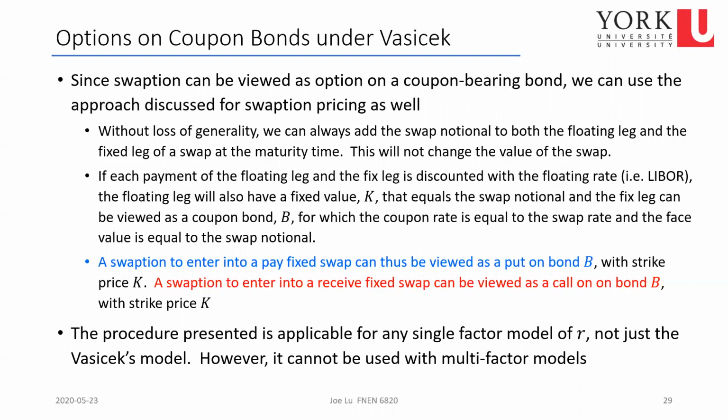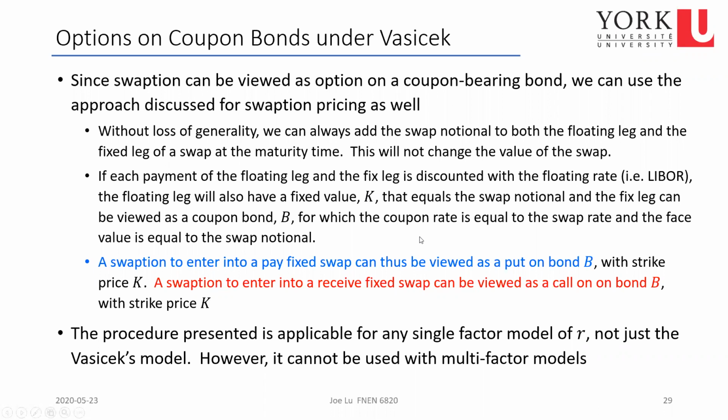Now suppose the discount rate you use is the floating rate used in the floating coupon bond. Then the floating leg will be the strike price K. Because it's discounted at the floating rate, the floating side will always have a fixed value, which is the notional of the swap.